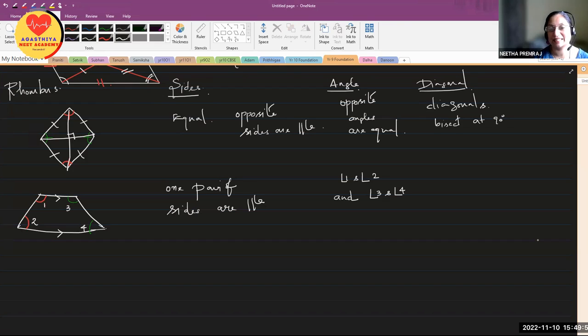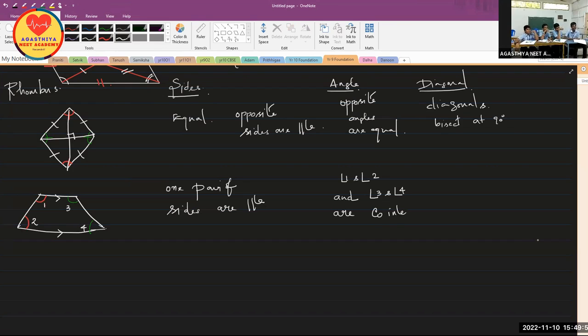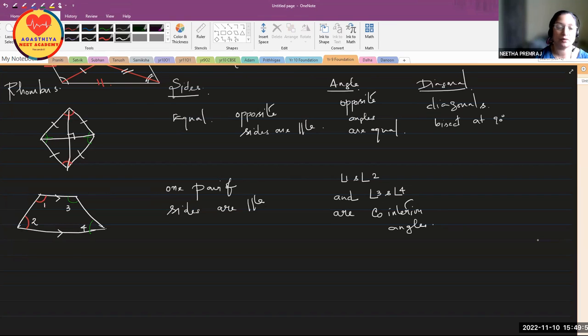They just intersect. The diagonals are not equal. That way you can say, diagonals are not equal.